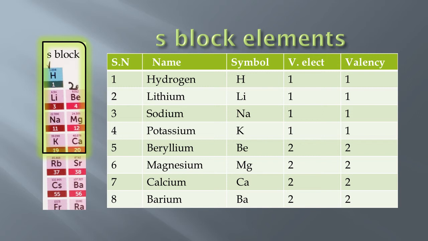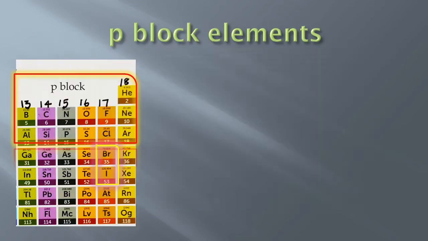And coming to the second group S2, beryllium, magnesium, calcium and barium have two valence electrons, they lose two electrons, so the valency is 2 and they become stable.